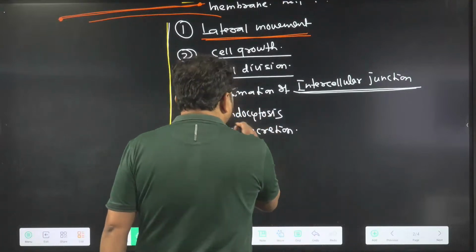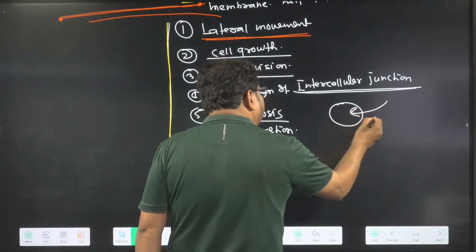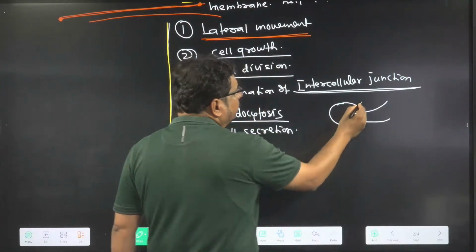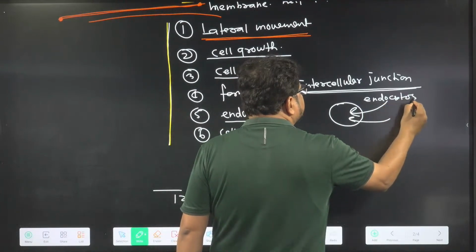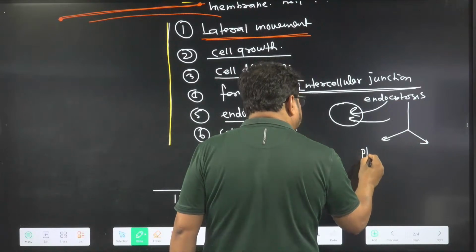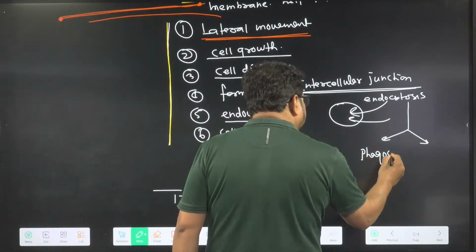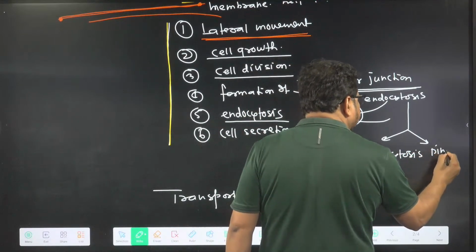Endocytosis: when a cell takes something in from outside, it is called endocytosis. Endocytosis is of two types: phagocytosis and pinocytosis.